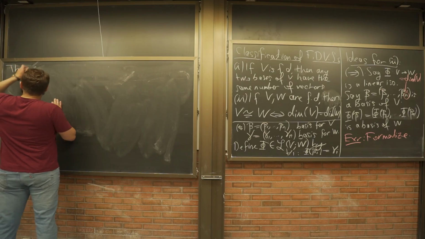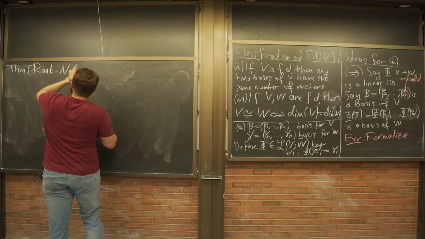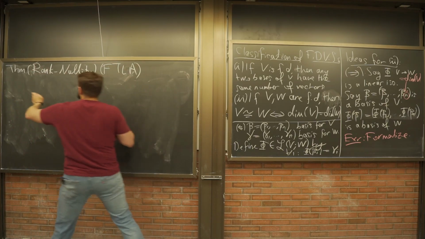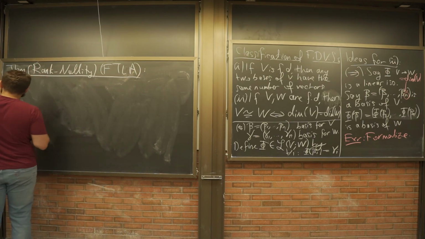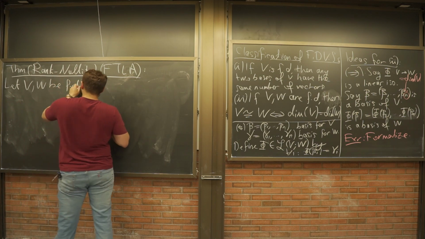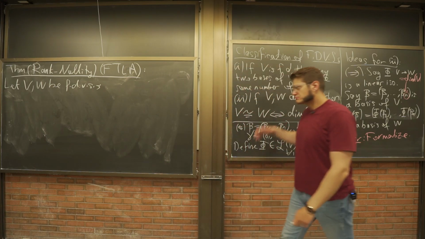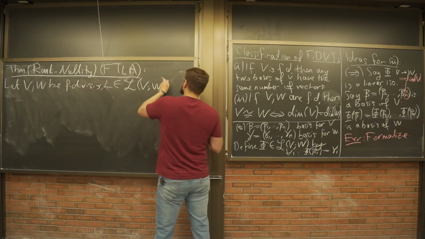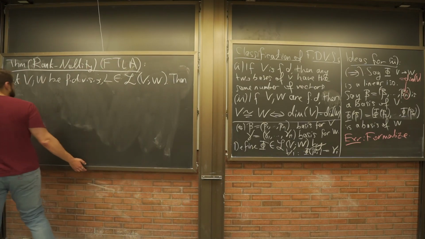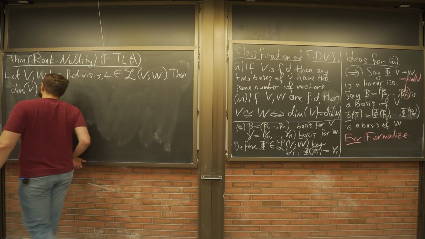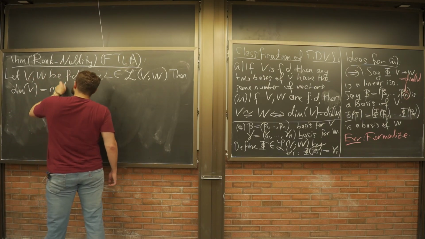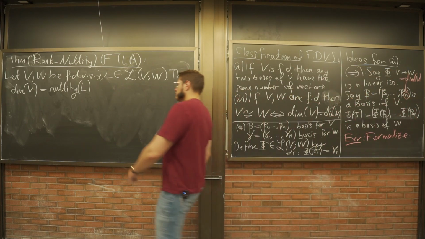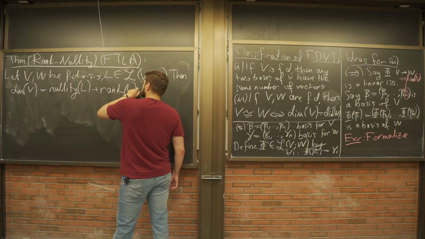Let V and W be finite dimensional vector spaces, and let L be a linear transformation from V to W. Then the dimension of V equals the nullity of L, the dimension of the kernel, plus the rank, the dimension of the image.